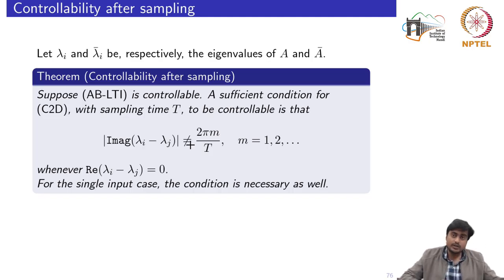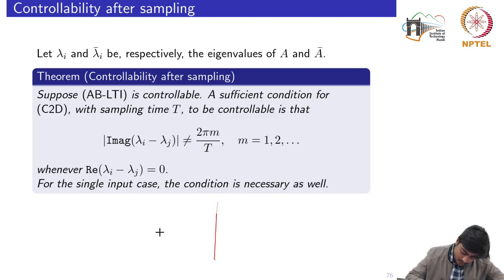Okay, so we won't be going through the proof of this result, but we'll see various implications of this result. So first of all, notice here that if the eigenvalues of the A matrix are only on the, let's say, what could be the possible cases. So this is my s plane.